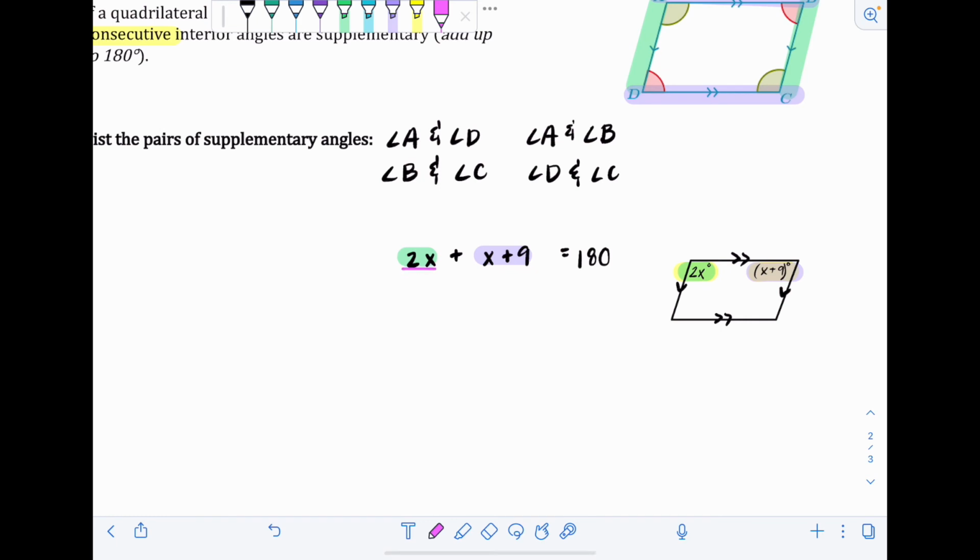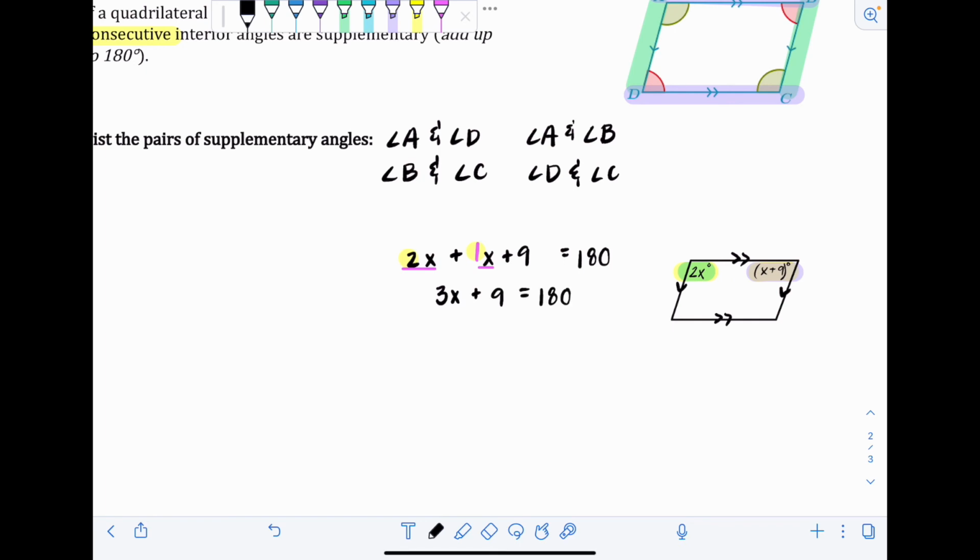I just combine them like regular like terms, by adding the coefficients. If there's no number in front of the x, the coefficient is 1. So 2 plus 1 is 3x. Then I bring down the plus 9, the equal sign, and the 180.